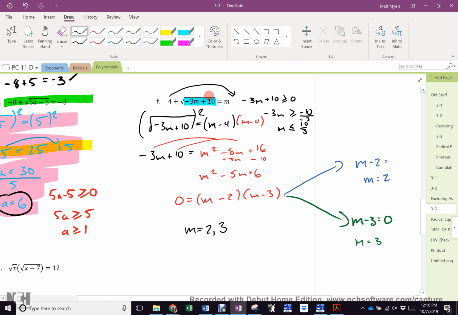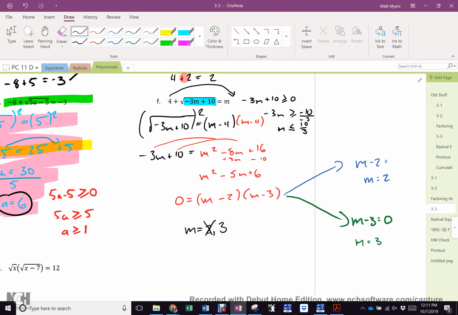What is the square root of 4? 2. So 4 plus 2 equals m. And I said m was 2, didn't I? Does 4 plus 2 equal 2? No. So is this a real answer? So what do we call it? Starts with an E, ends with an S, has extraneous, an extraneous root.